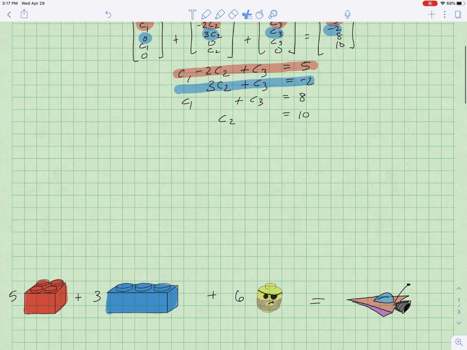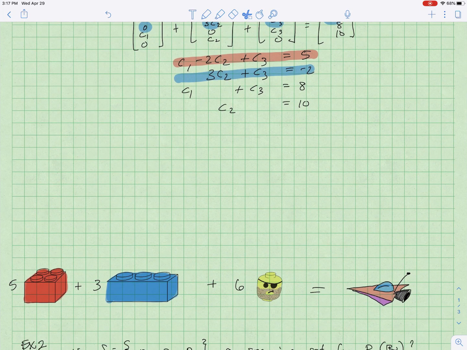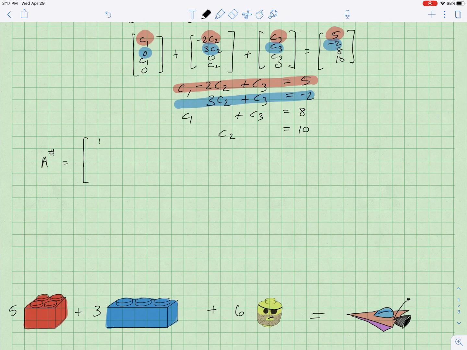Okay, so that's my system, and then that means I can rewrite this as an augmented system where those scalar coefficients are my variables. That is to say, the top row is 1, -2, 1, and 5.